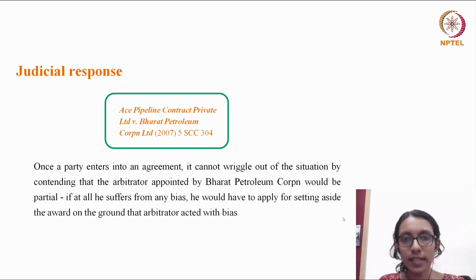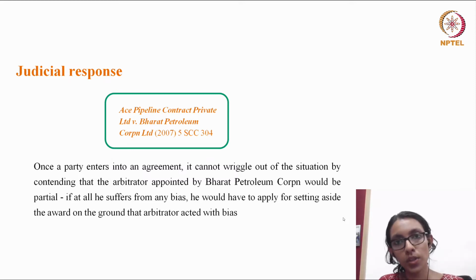So Ace Pipeline Contract challenged this arbitration clause before the Supreme Court, and the Supreme Court stated that once the parties have entered into an arbitration agreement with full knowledge and with entire information as to who the arbitrator would be and the manner in which he is to be appointed, then the opposite party cannot challenge the appointment of the arbitrator.